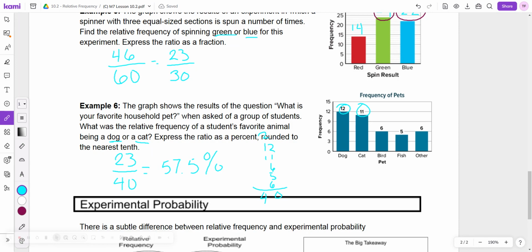Then I needed to find out how many said dog or cat. 12 people said dog, 11 people said cat. 12 plus 11 gives me 23. So that goes in my numerator. It did say to express the ratio as a percent. So I took 23 divided by 40 and multiplied that by 100 to get 57.5%.